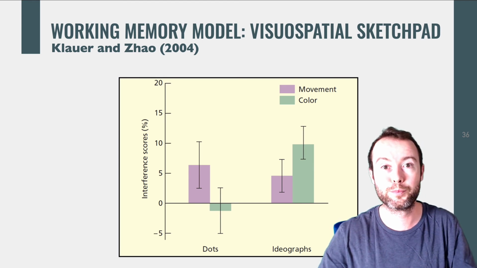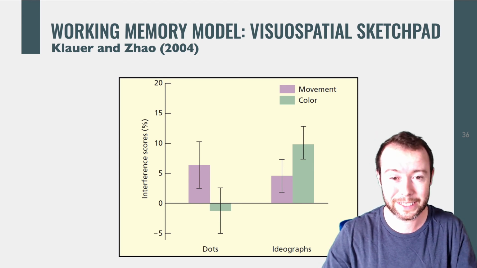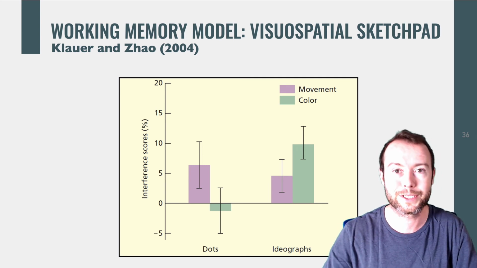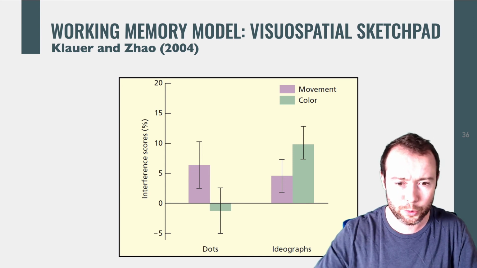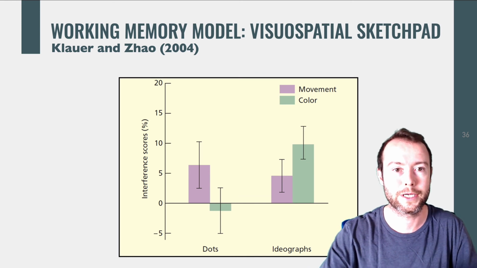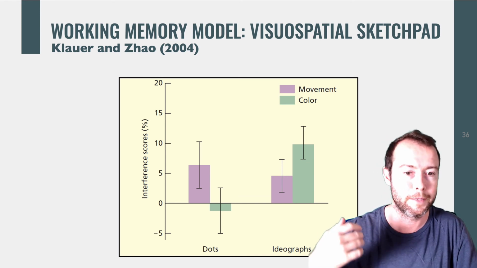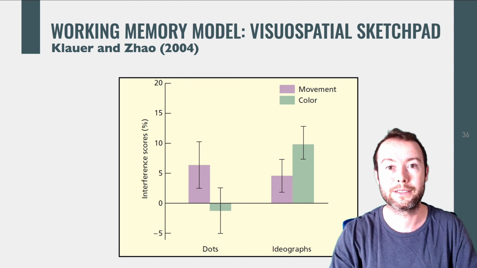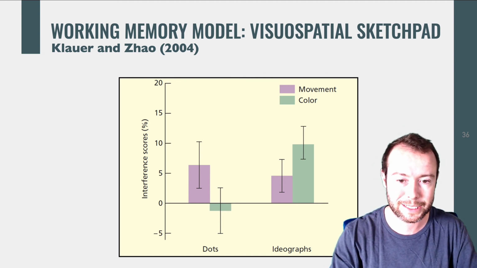And if we look at the performance on the task, that's basically exactly what you end up seeing. Along the y-axis here, we're plotting an interference score. In other words, the higher this score, the more interference, or the worse the performance was in the task. The memory for the dot locations requires some degree of spatial processing.